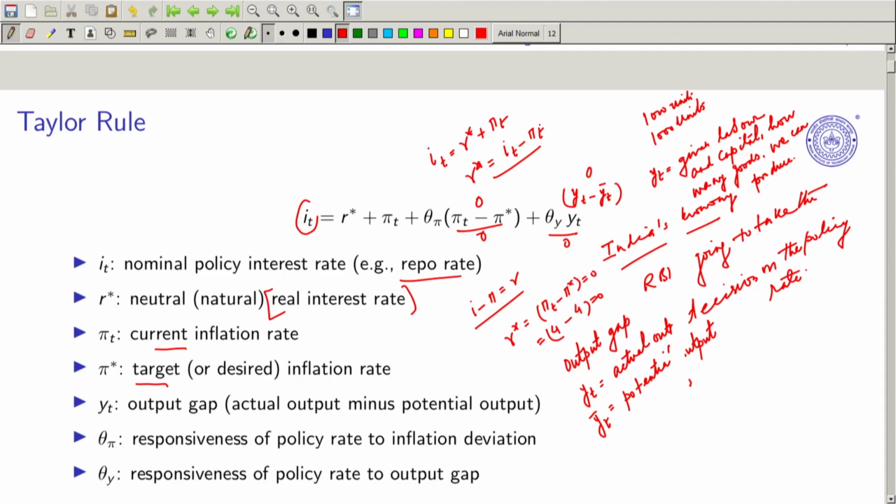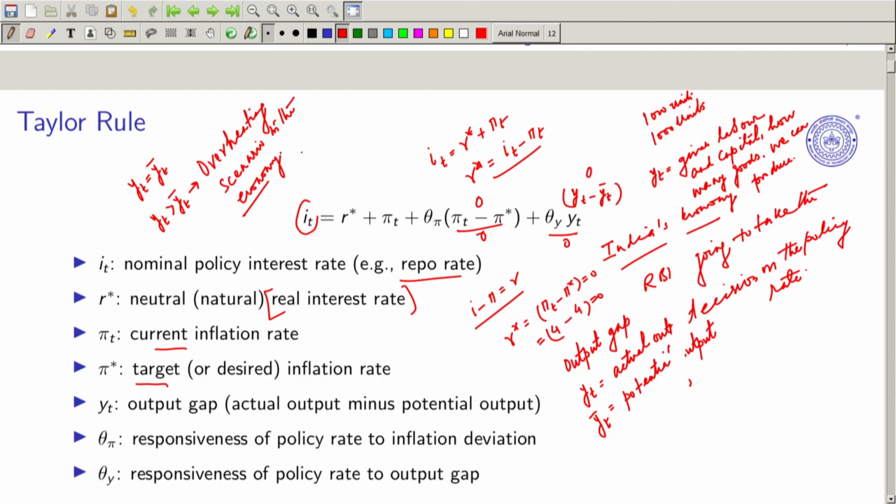For example, let me spend 1 minute on this output gap, why it is important. We are saying that yt is equal to yt bar. What happens when yt is greater than yt bar? In this case, we call it the overheating scenario, which means that we are having more demand than supply.